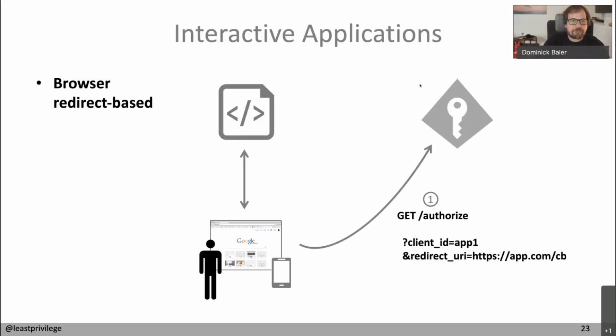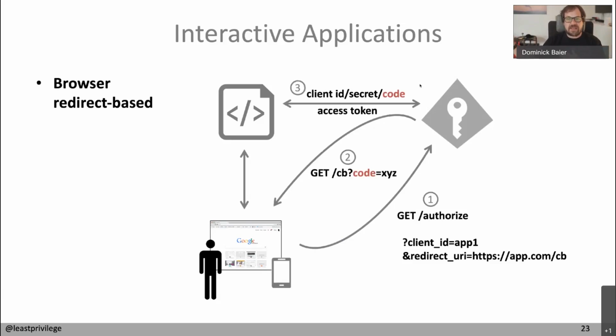And then the authorization server sends back a so-called authorization code. Then the client application opens a back channel to the authorization server, hands in the code, the client ID, and the client secret, and gets back the tokens. And from that point on, the client can then, A, authenticate the user, and B, call APIs on behalf of the user.